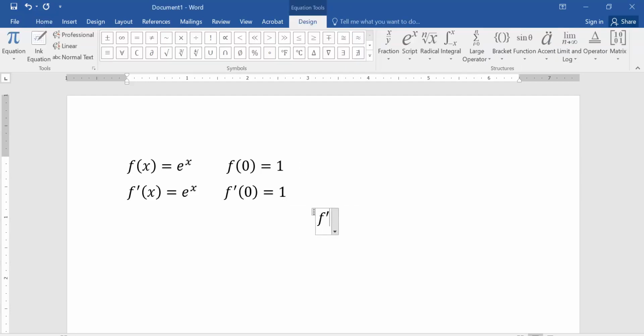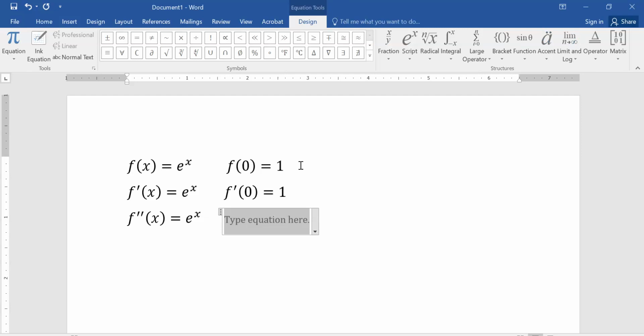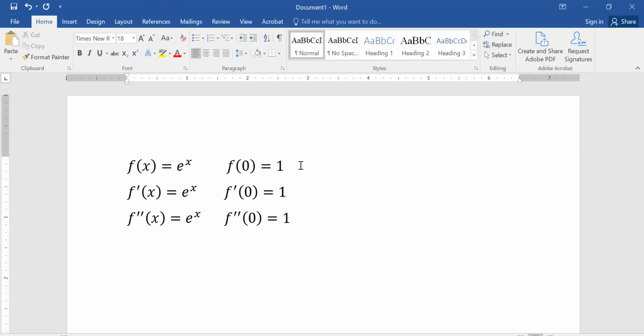Anytime you take a derivative of e to the x, you just end up with e to the x. And whatever that derivative is, whether it's the first or the second or the third, every time you plug in 0, you're going to get 1.